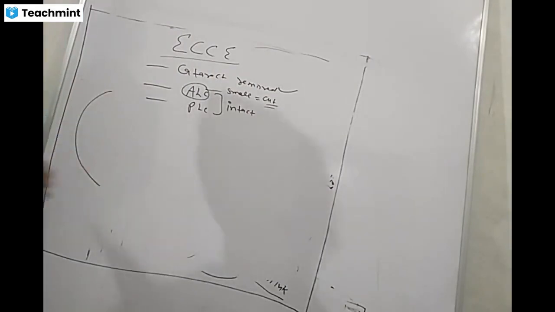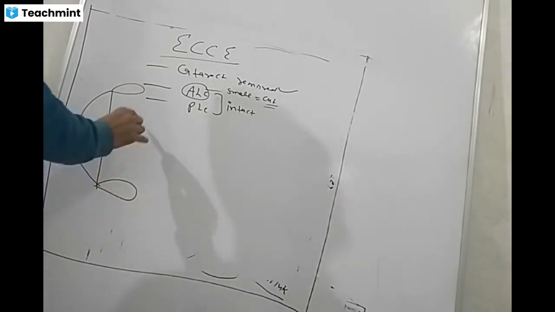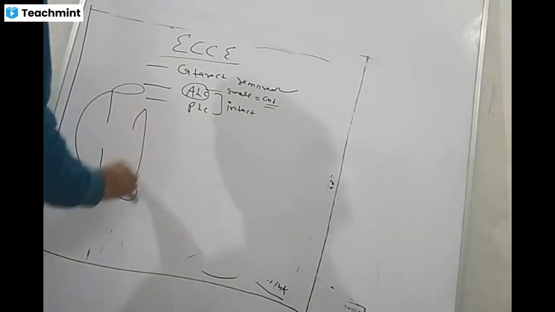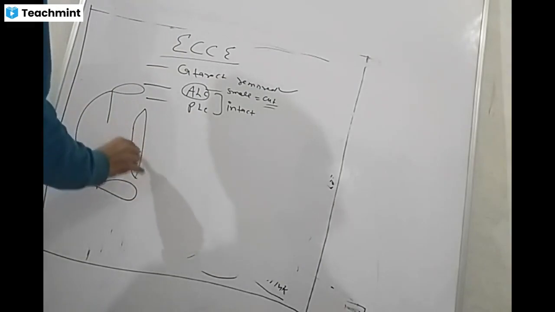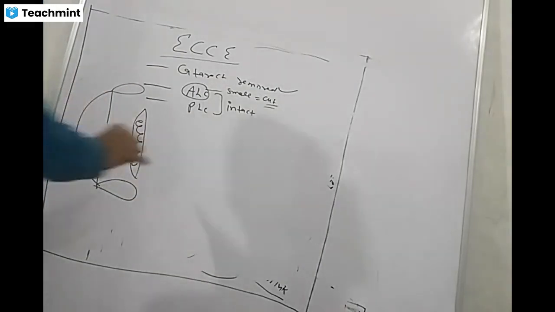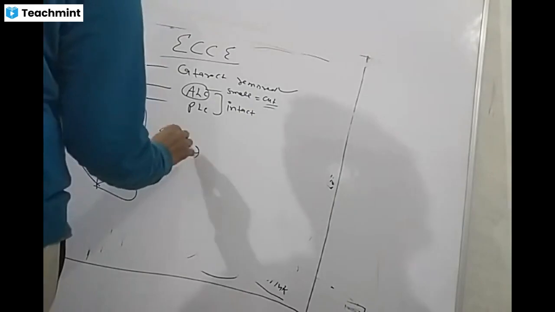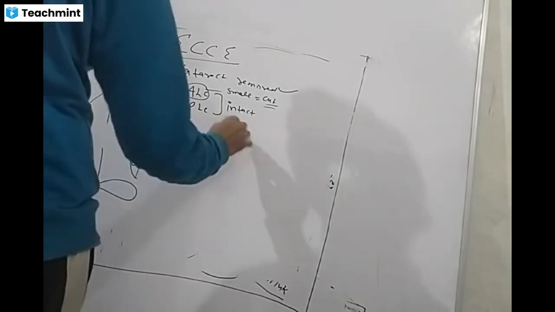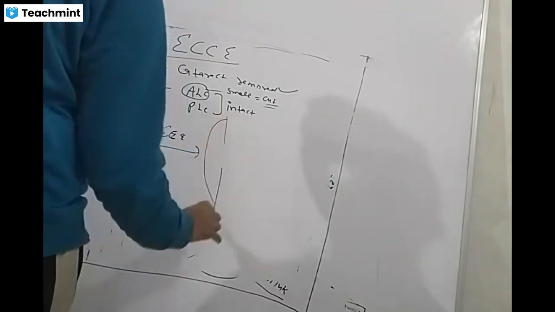Suppose this is my cornea with iris, this is ciliary body, and this is the lens, and this lens is opaque white. So what happens in this surgery? This is the cornea, iris.